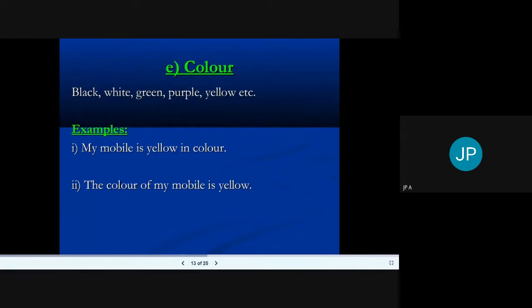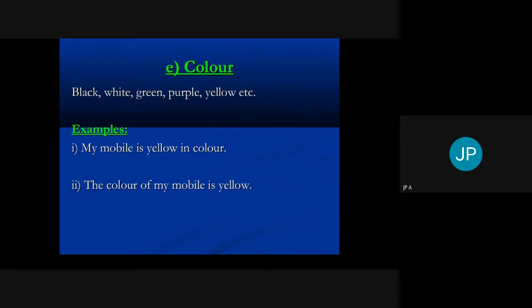So this property you may not need to describe for the question that you get, because usually it is a black and white question paper, so there is no point in mentioning the color of the object unless the object always comes in a certain particular color.